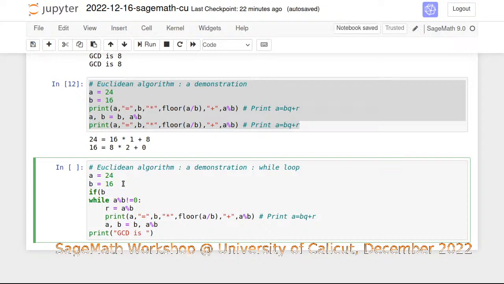If B divides A. How do we say B divides A? What's a technique for saying B divides A? One is to just ask if A percentage B is 0 or not.